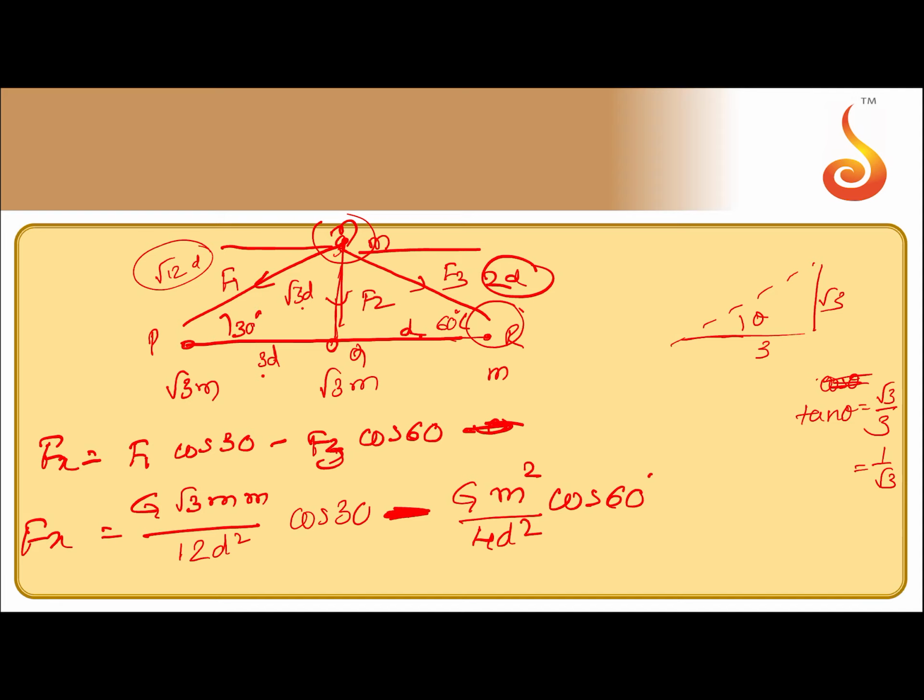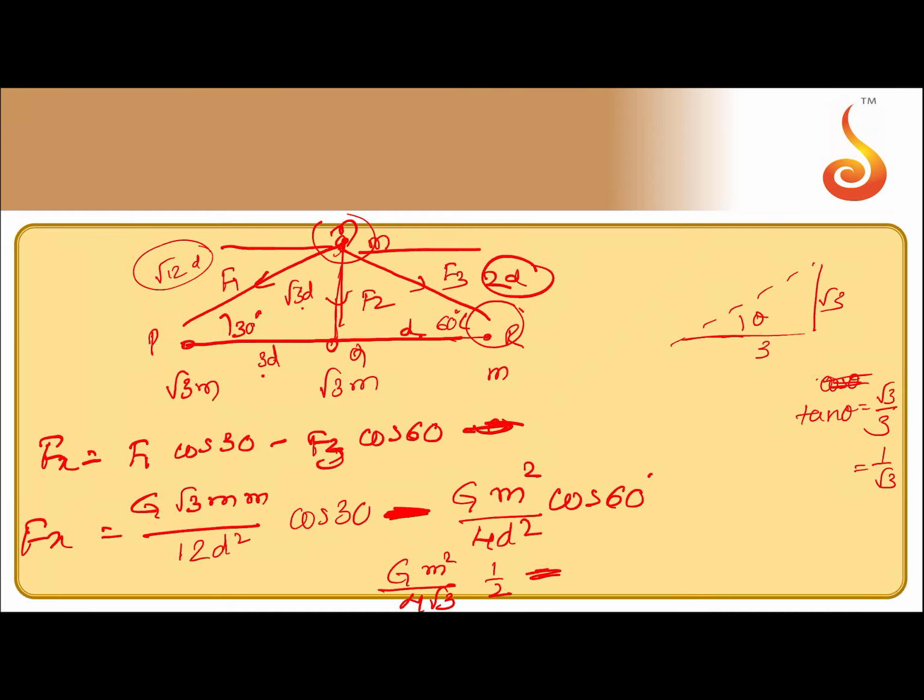So this is root 3 divided by 12 cos 30. If you simplify it, what do we get? G m square divided by, this is 12, I can write it as 4 into root 3. Correct? Cos 30 is root 3 by 2.